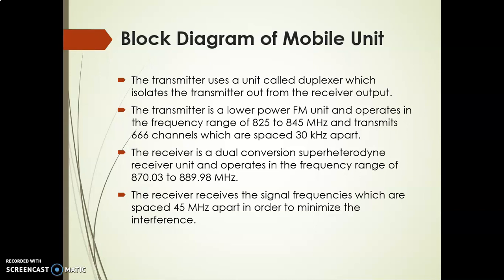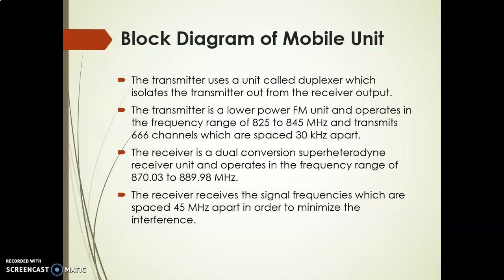That means within the frequency range of 825 to 845 megahertz, the transmitter will transmit the 666 channels, but while transmitting, these channels have a gap of 30 kilohertz. Why is this gap there? Because to reduce the interference, to reduce the disturbance.